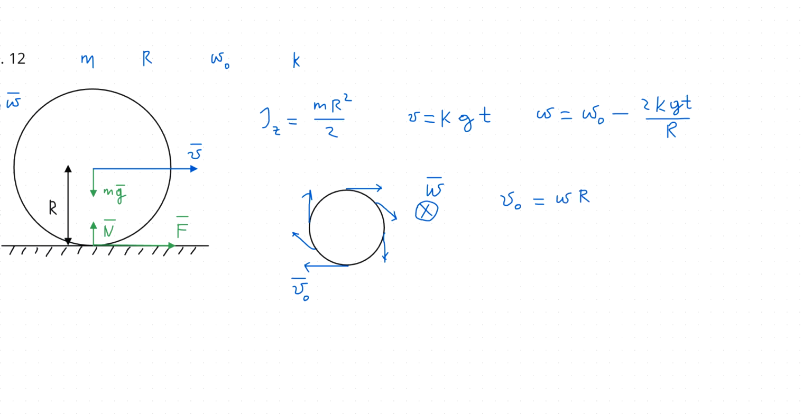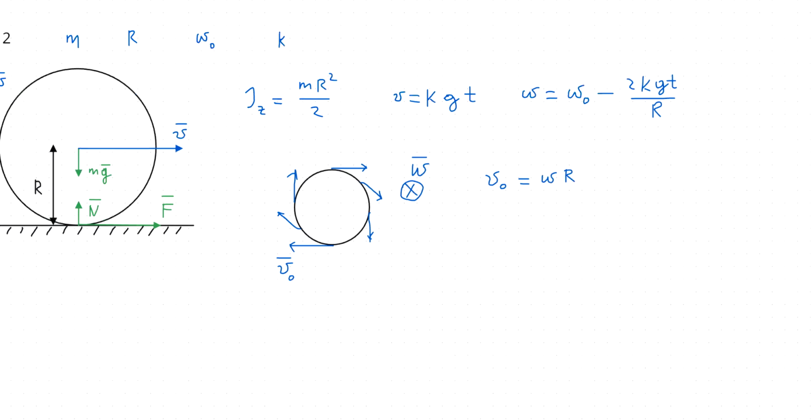And now let's add some motion from left to the right with velocity v. If we have also some motion from left to the right, what will be the velocity of slipping?